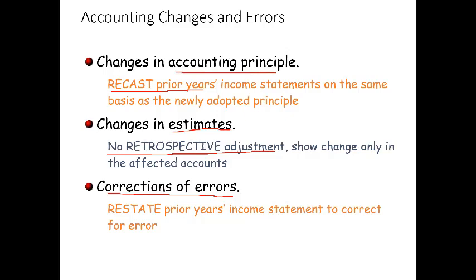So the biggest thing to think about here is that with a change in estimate, there's no retrospective adjustment. With a change in accounting principle and a correction of error, a restatement, we do have a retrospective adjustment, and that's going to affect beginning retained earnings, and it's going to result in you putting together prior year's financial statements again, just to come up with what the effect of these two, change in accounting principle or correction of error, was on the prior years.